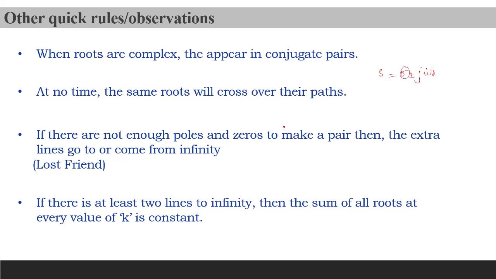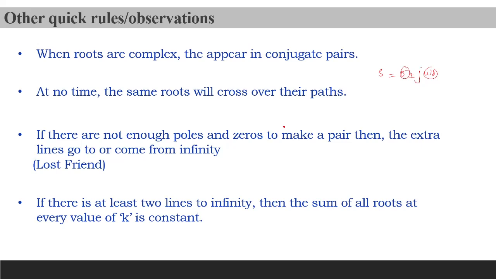Unless the values of sigma and omega d change, which they do not for a root, these roots will be conjugate pairs of each other. So if they are complex, they will always appear in conjugate form.